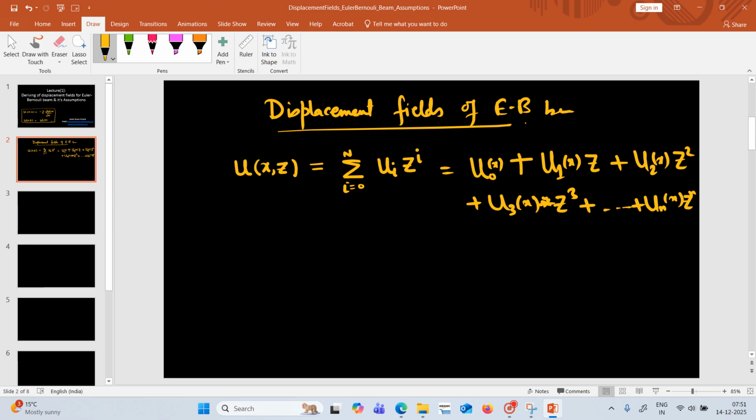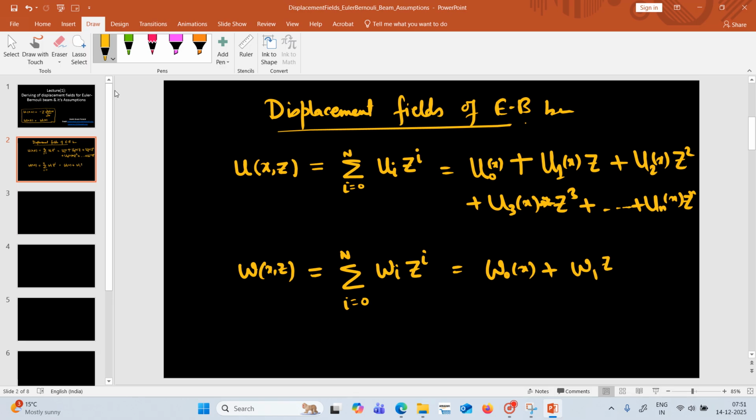Okay. Similarly, the transverse displacement w of x comma z can also be written as the sum from i equals 0 to n of w_i z^i. So we put w naught into z to the power 0, which is 1, so w naught of x plus w1 into z to the power 1 plus w2 z square plus w3 of x, a function of x here, into z cube, plus so on up to wn of x z to the power n.